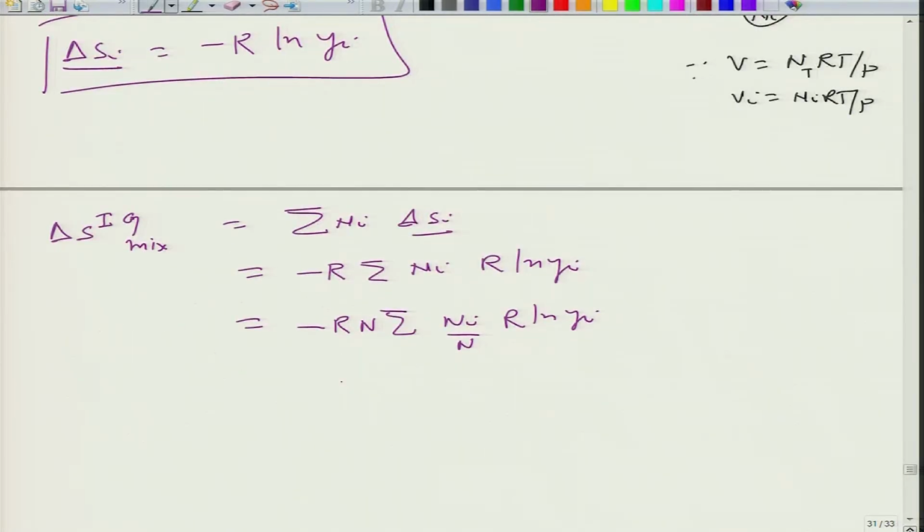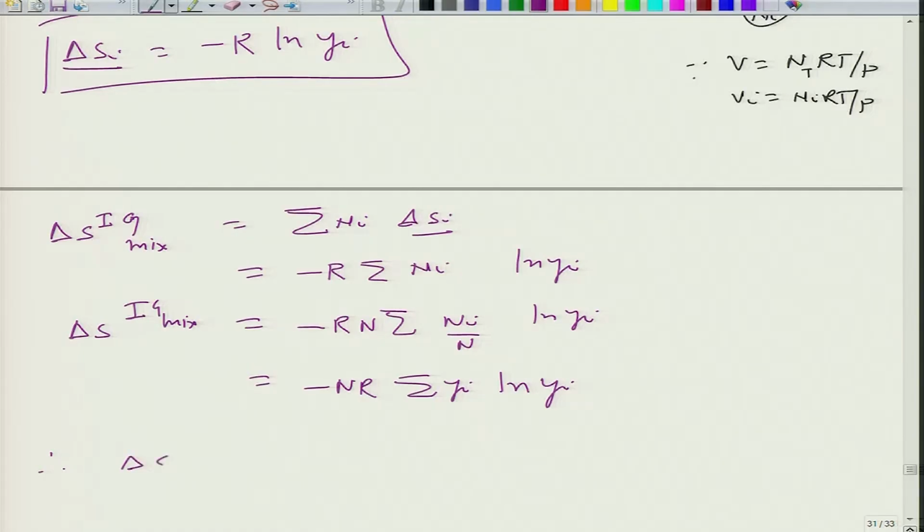Then I have a relation: delta S ideal gas mixture is minus nR summation y_i ln y_i. Therefore, delta S IG mixture is minus nR summation y_i ln y_i.